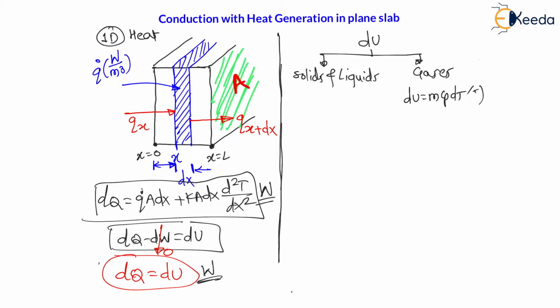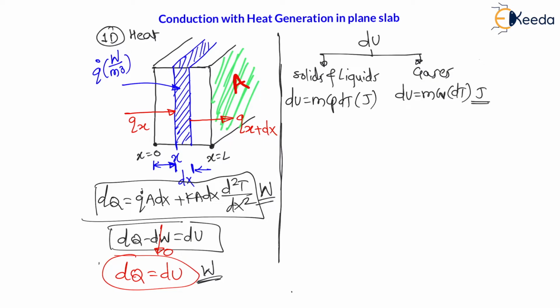Sorry, it is m Cv, my apology. Here the change in internal energy is m Cv, specific heat at constant volume, into dT, and this answer will be in joule. For gases we always have to consider specific heat at constant volume while calculating change in internal energy. But for solids and liquids, there is only one specific heat, which is Cp. Therefore, for solids and liquids, dU becomes m Cp dT.